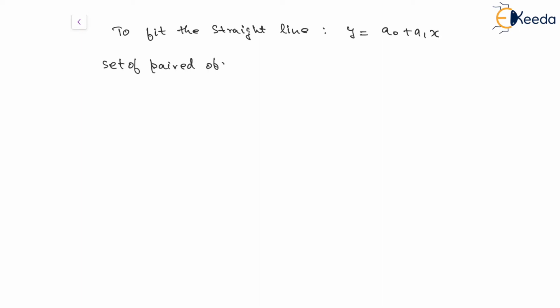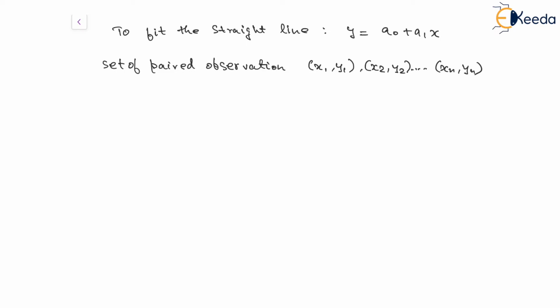Now, to fit the straight line, that is y equal to a0 plus a1 x, let us say we are given a set of paired observations x1 comma y1, x2 comma y2, and such n pairs.